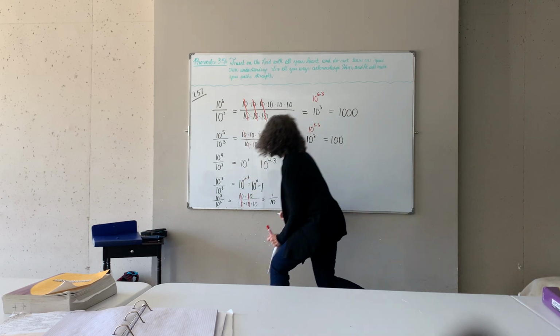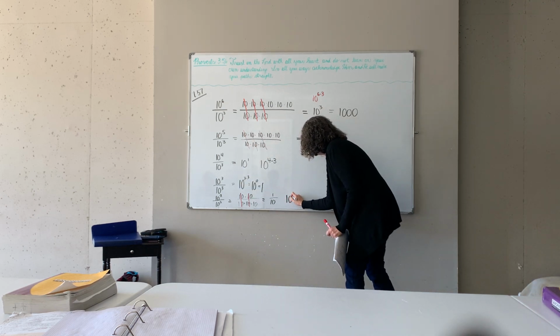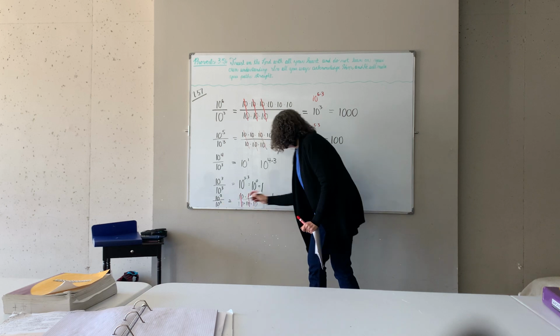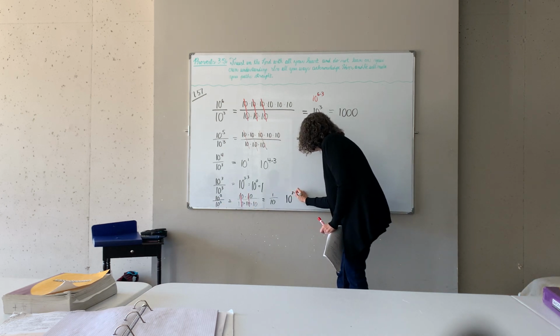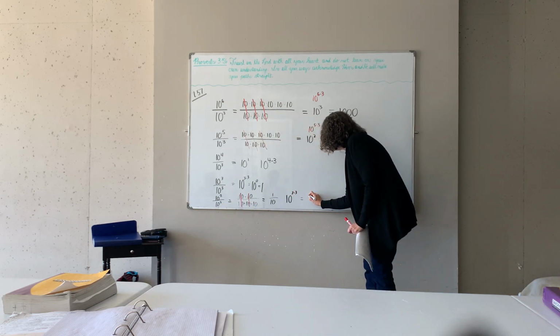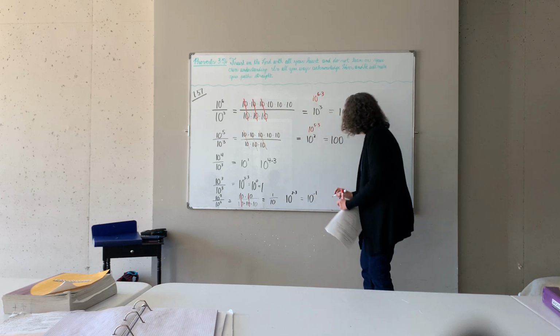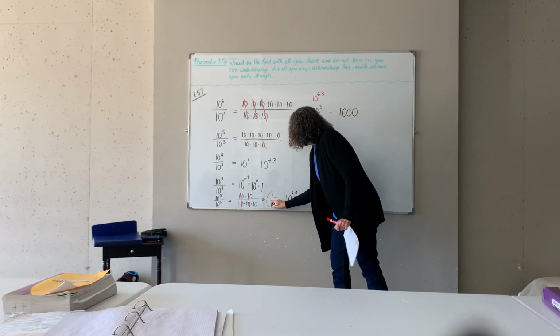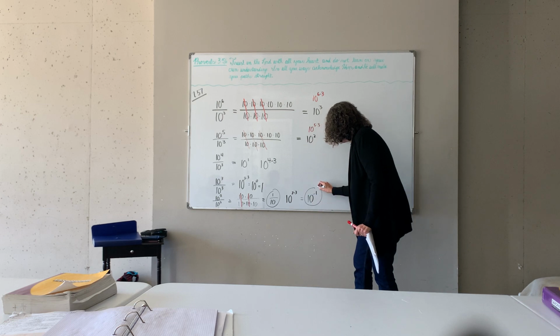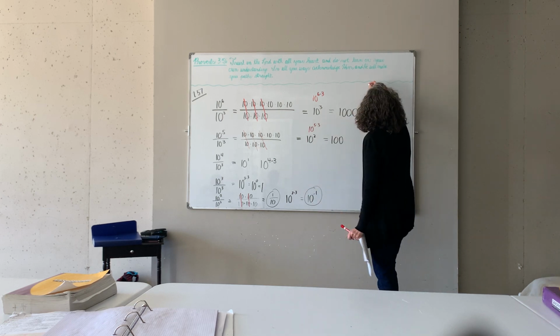But Lily's conjecture would be that's 10 to the 2 minus 3. What's 2 minus 3? -1. So that's 10 to the -1. So hold up, we just learned something. 10 to the -1 is 1 over 10. Here's something we need to know: 10 to the 0 is equal to 1.